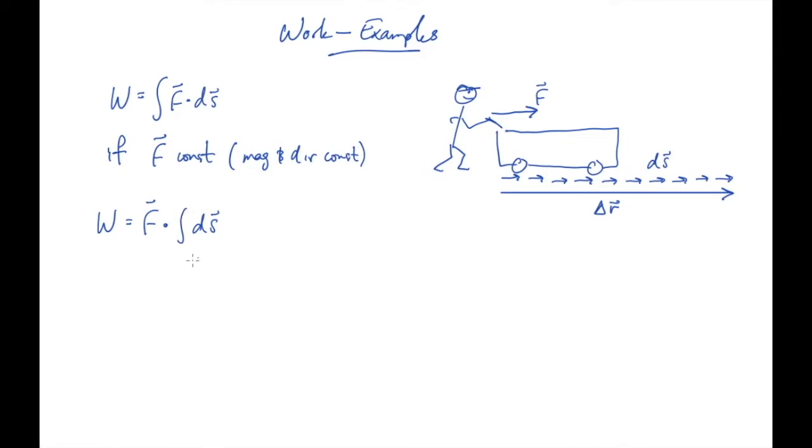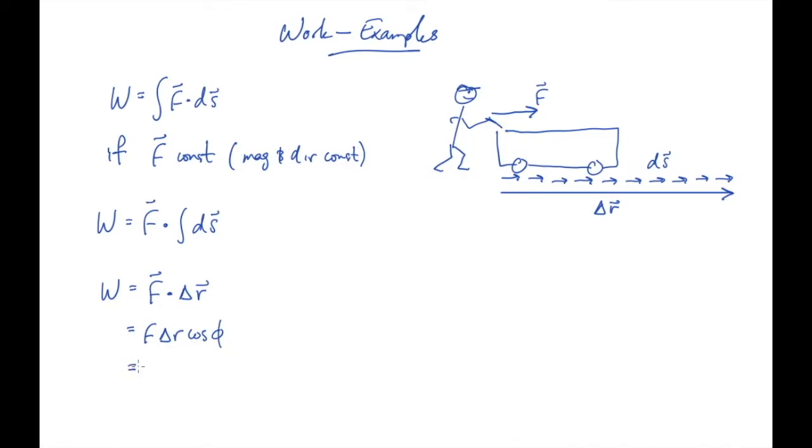So when the force is constant, you can write the work done by that force as the force dotted into the displacement. If you use our definition of dot product, magnitude of the first times magnitude of the second times cosine of the angle between them, you can rewrite this as F times delta R times cosine of phi.